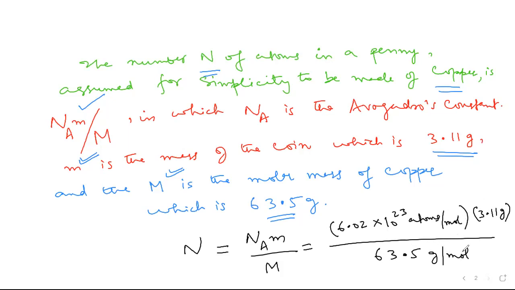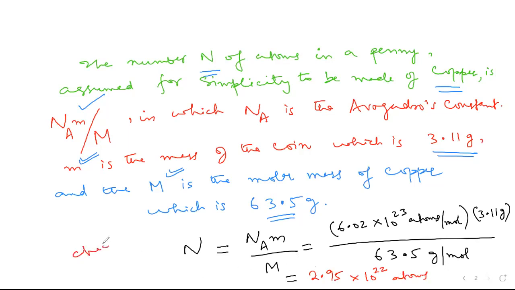If you see, mole will go, gram will go, you will get just the number of atoms. When you make the calculation, I will write it in red, you will get 2.95 times 10 raised to the power 22 atoms.